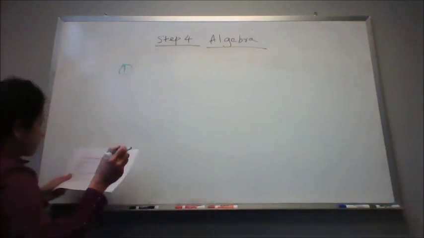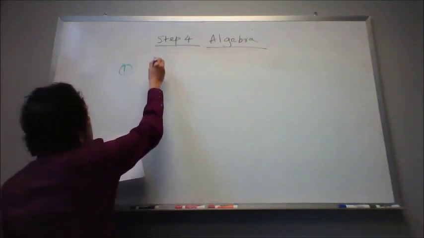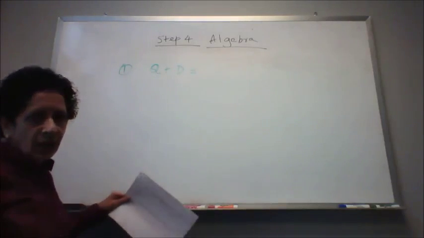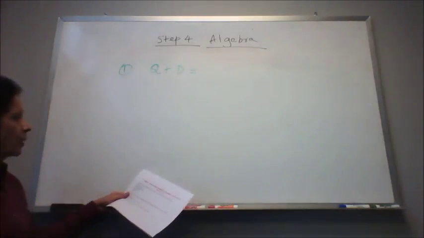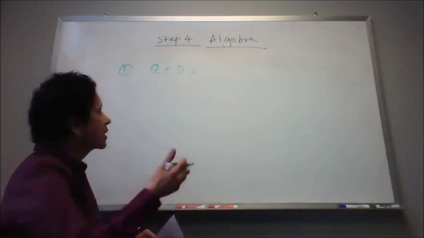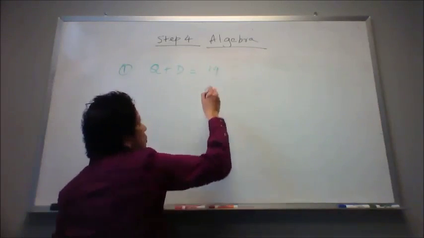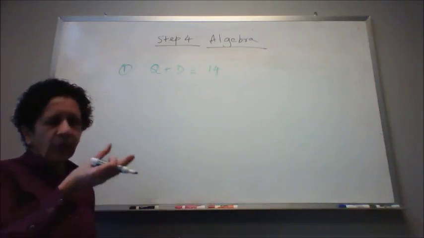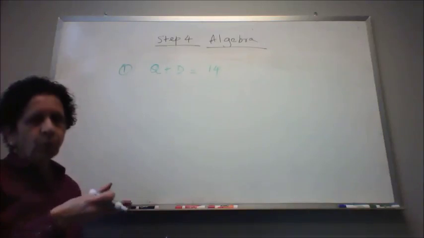Let's say Q is the number of quarters and D is the number of dimes. The number of quarters plus the number of dimes is the number of coins, 14. So Q plus D is 14.